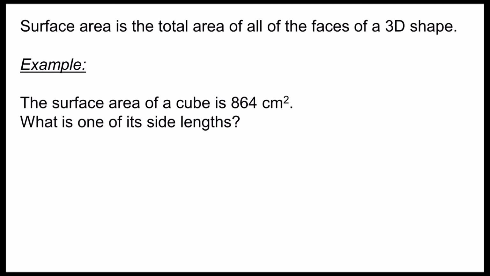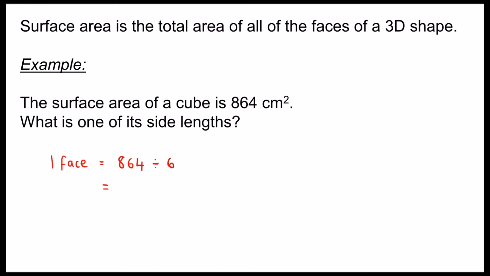Now, they could also ask you to reverse this process. In this example, it says that the surface area of a cube is 864 centimetres squared, and it wants us to work out one of the side lengths of the cube. Because we know a cube has 6 equal faces, we can work out the area of one of these faces by taking the surface area, which is 864, and sharing it equally between those 6 faces.